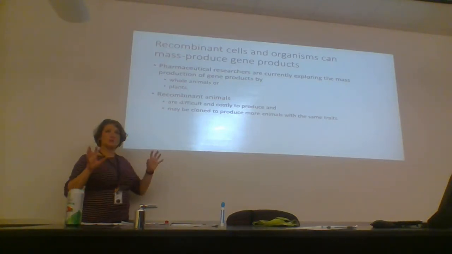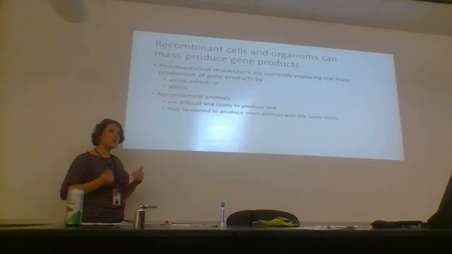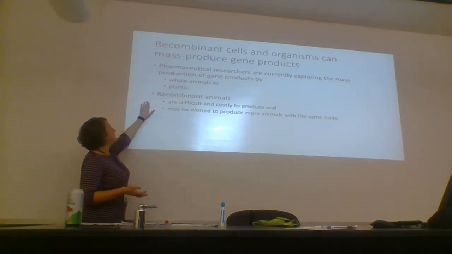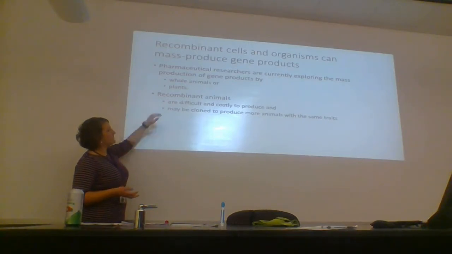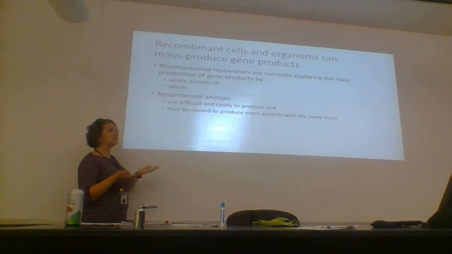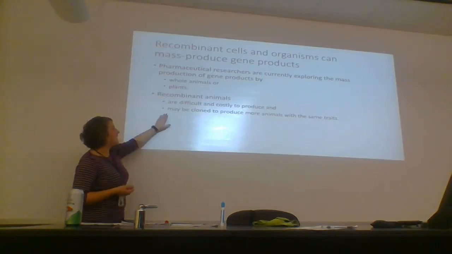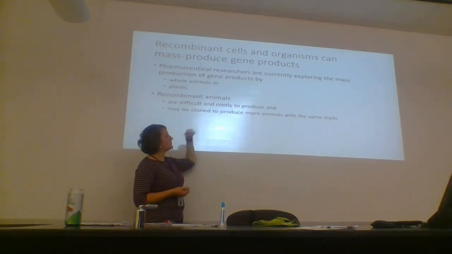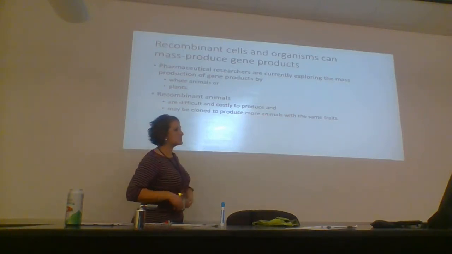I don't know if it works or not, but that's the idea, to get more insulin mass produced through goat milk. We have recombinant animals, but they're difficult and costly to produce, so there's a cost effectiveness issue. But we can clone to produce more animals with the same traits.